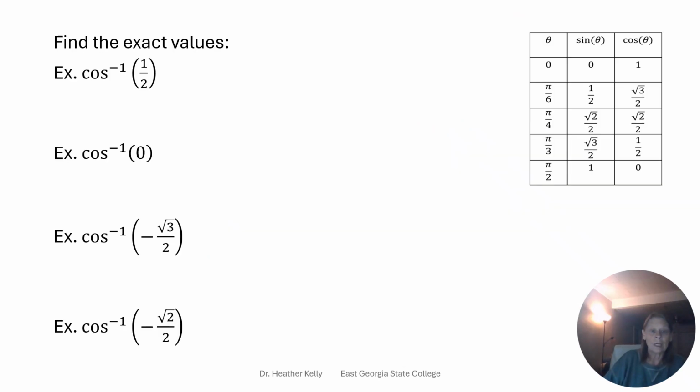So we're going to do it the same way. First, we're going to decide what quadrant our answer is going to be in, and then we'll find that reference angle or the answer, and then we'll find the correct angle in the appropriate quadrant if it's not a reference angle.